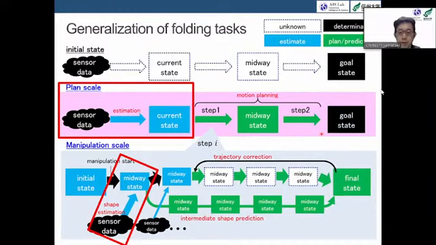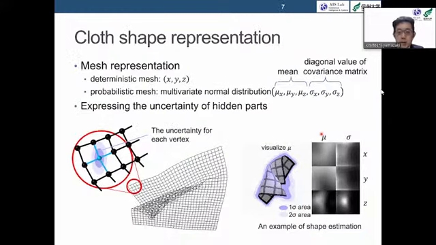The first part is to estimate the shape of the cloth from the sensor data. A mesh structure is used to represent the shape of the cloth. The nodes of a mesh are usually represented by deterministic values. We basically use that representation.